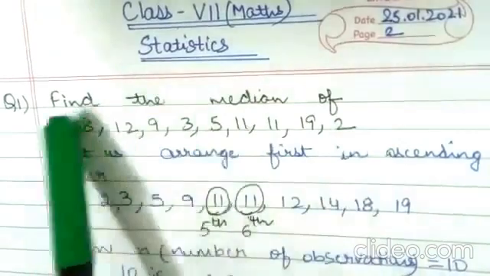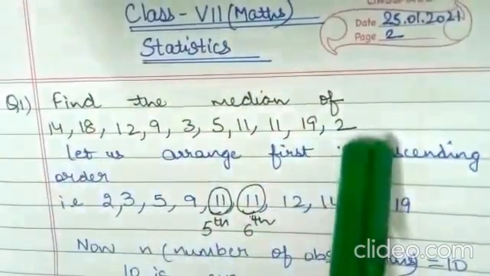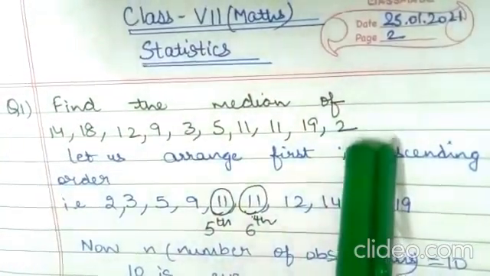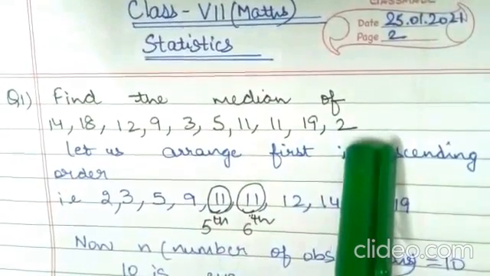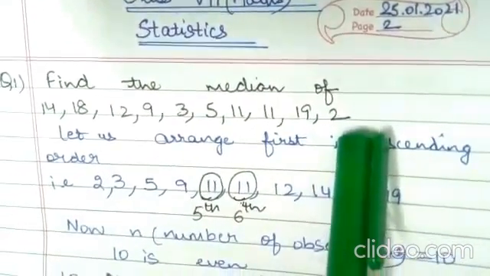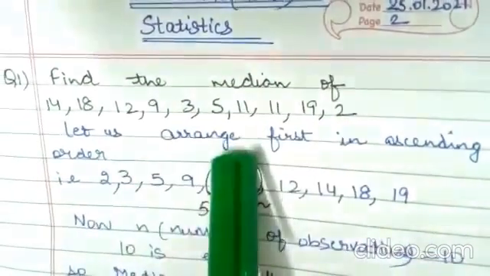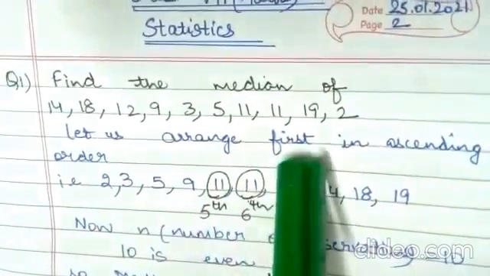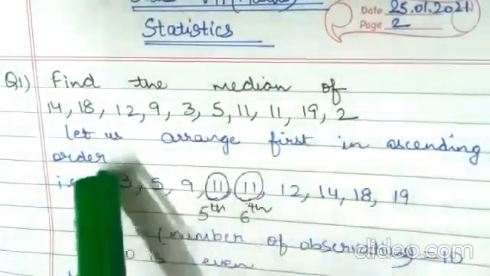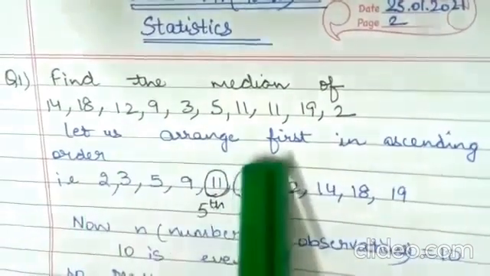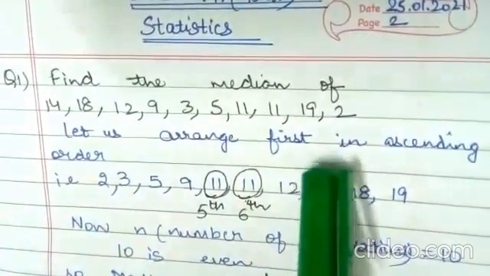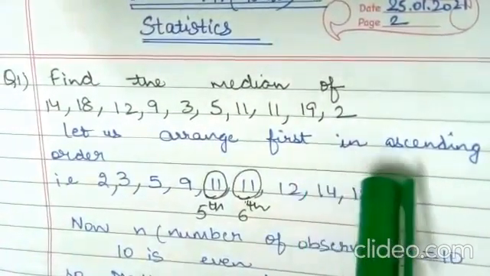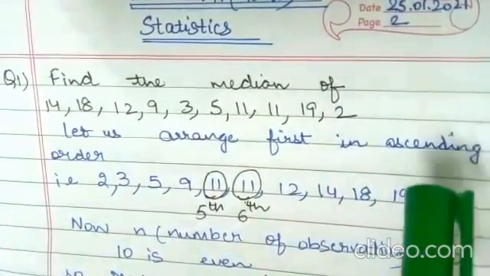These are the observations given to you. So the first step in finding the median is to arrange the given data in ascending order. You can also arrange the given data in descending order.